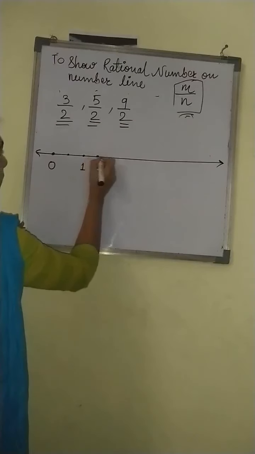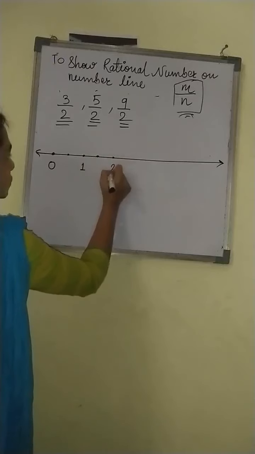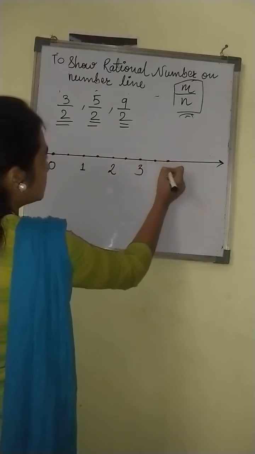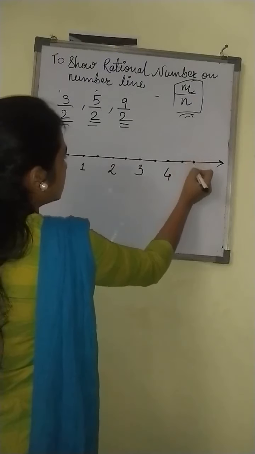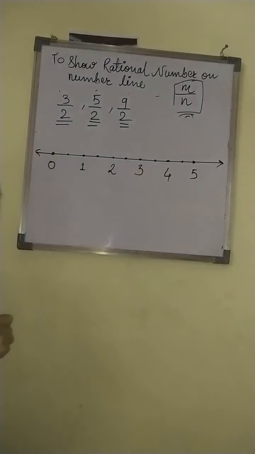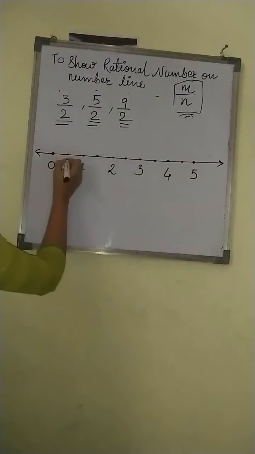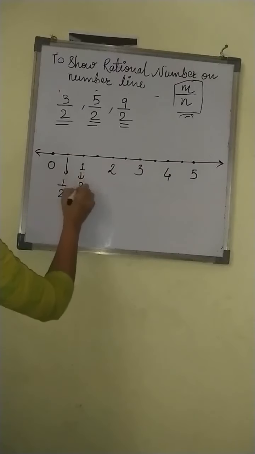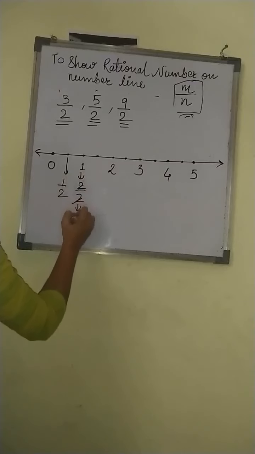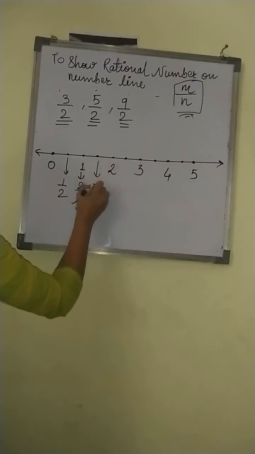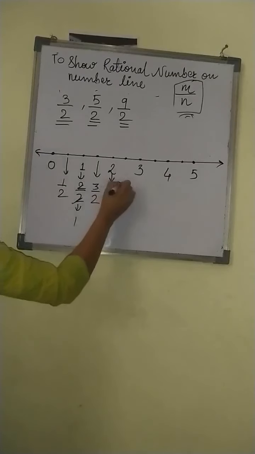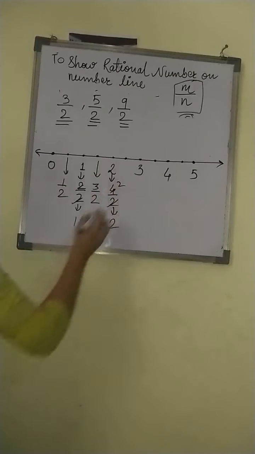This is 1 and 2. First number 1. Again 2 parts. 2. Again 2 parts. 3. Again 2 parts. 4. Again 2 parts. 5. Getting it? Now start from 0. First part, 1 by 2. This is the second part, 2 by 2, that is again 1. Third part, 3 by 2. Fourth part, 4 by 2, so again it is the same as 2.